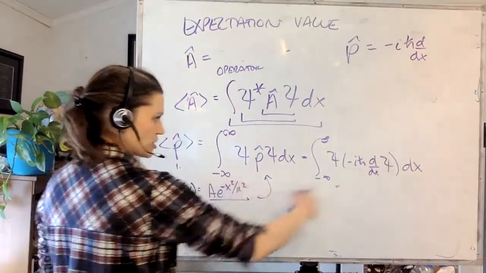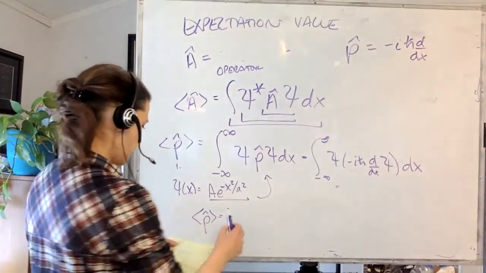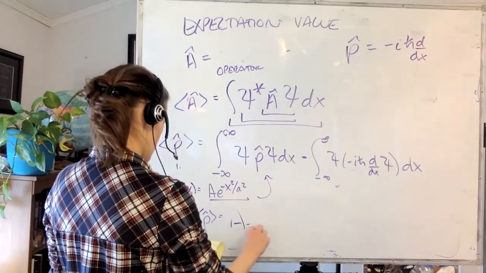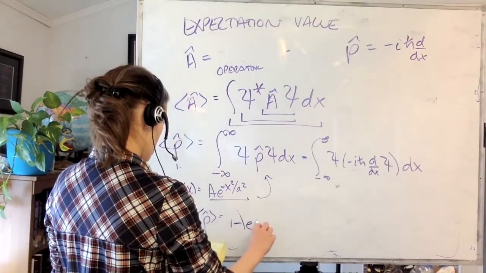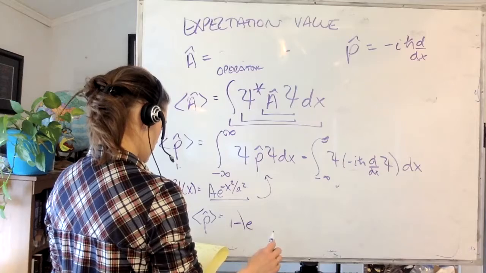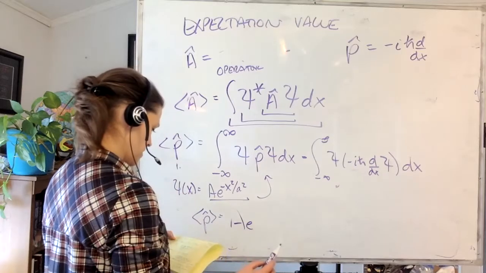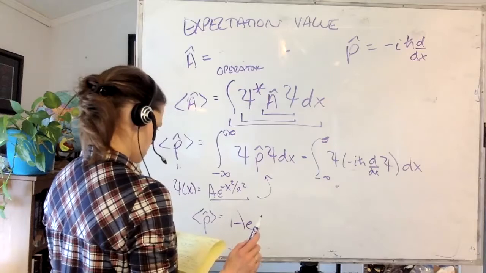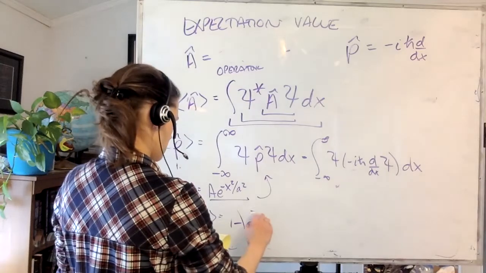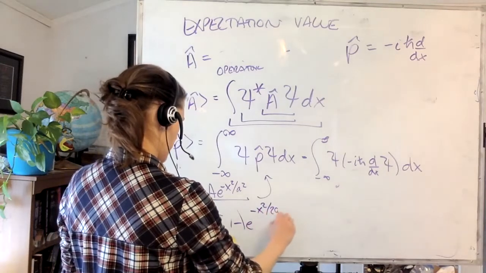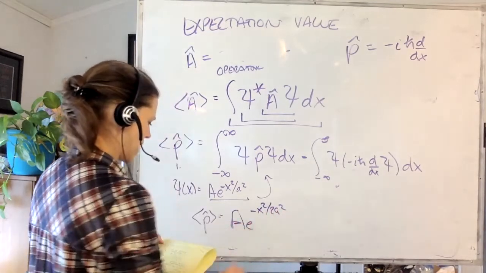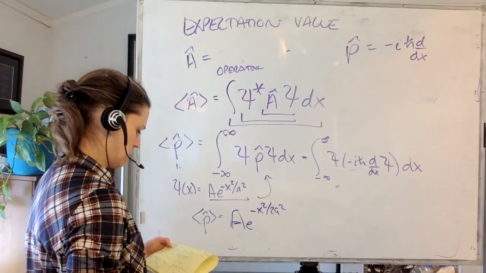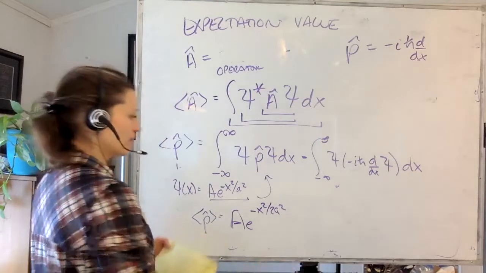I put this function in for psi, and I get A e to the minus x squared over 2a squared. Is that true? I just get it back again? Oh yeah, that makes sense. Harmonic oscillator. Oh, go team.